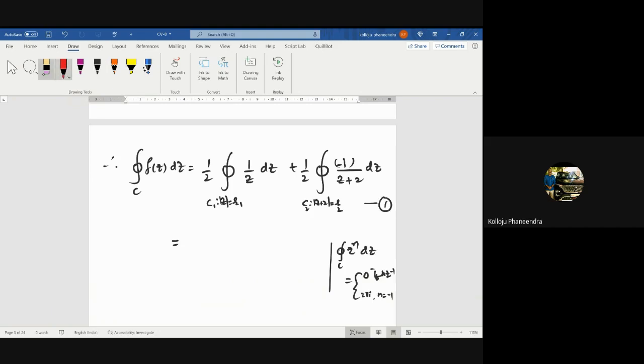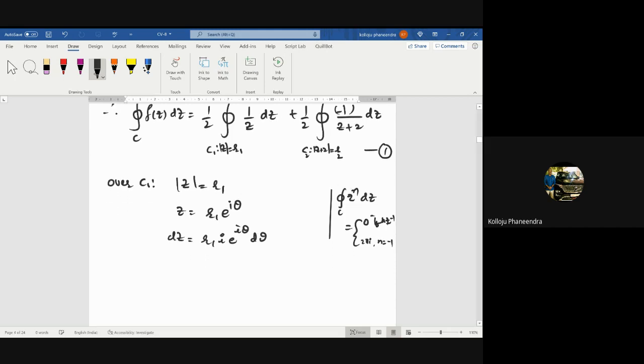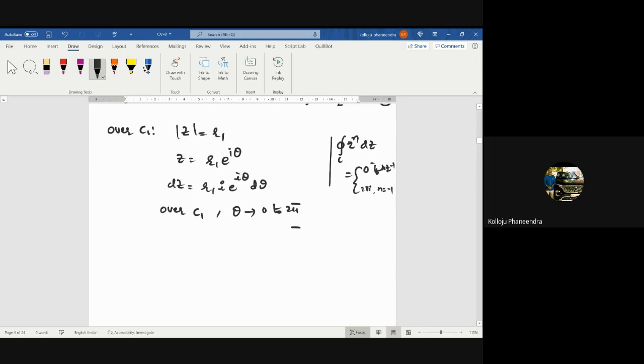If it is not clear for you, now see. Over C1 first. Mod z equal to R1. What is z equal to then? R1 e power i theta. What is dz equal to? R1 i e power i theta d theta, our standard starting method. Don't forget this, right? Over C1, theta varies from 0 to 2 pi, since it is a full circle.